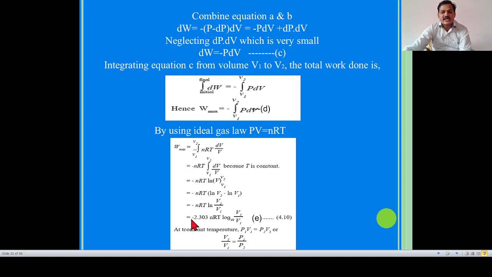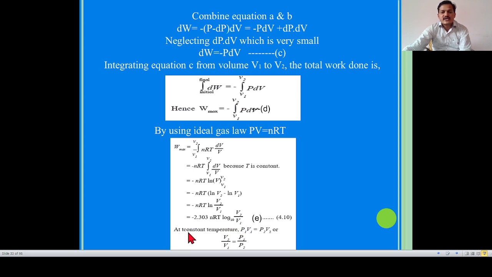So the minus sign as it is, 2.303 nRT log to the base 10 of V2 divided by V1. That is the final equation of W max, that is, maximum work. W is equal to minus 2.303 nRT log to the base 10 V2 divided by V1.